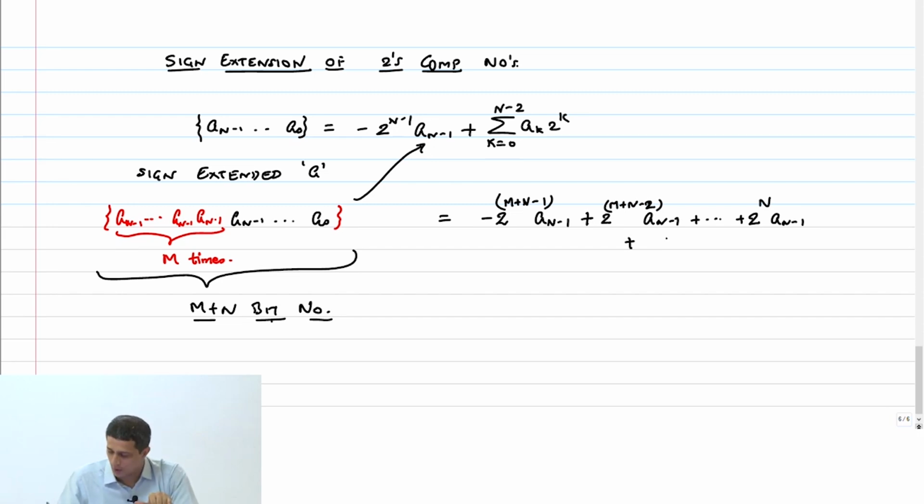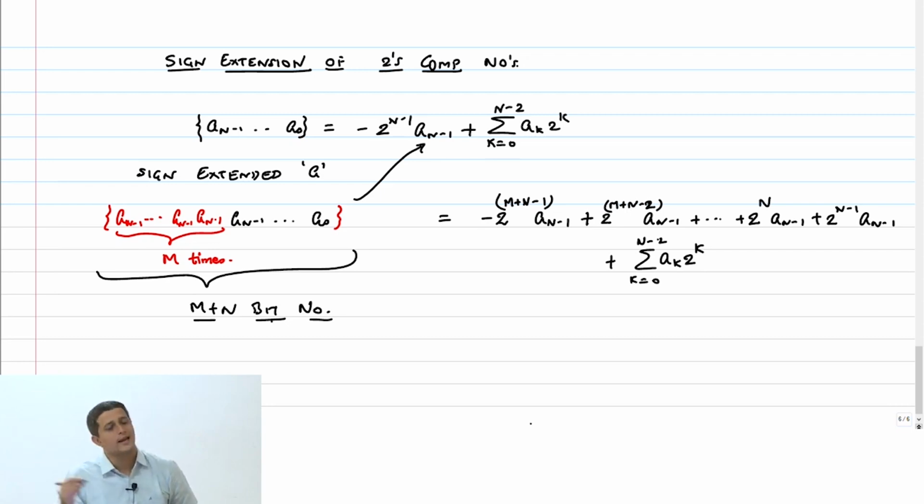Plus the old sum. Remember now a n minus 1 will get multiplied by plus 2 power n minus 1, so plus 2 power n minus 1 a n minus 1, plus the remaining part of the sum, summation k equal to 0 to n minus 2 a k 2 power k.